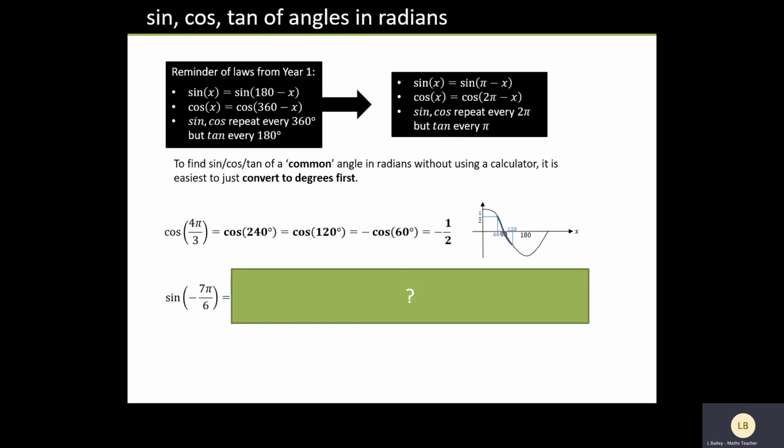Okay, I would draw out the graph personally, and I'd look at where 240 is on the graph, which would be here because you're 60 degrees past the 180. Because you're 60 degrees past the 180, it's exactly the same as being cos of 120 because of the symmetry of the cosine curve, exactly the same as being 60 degrees in front of the 180.